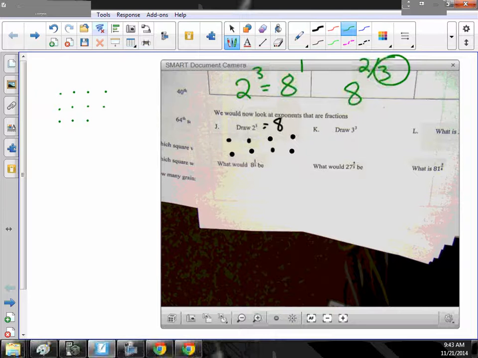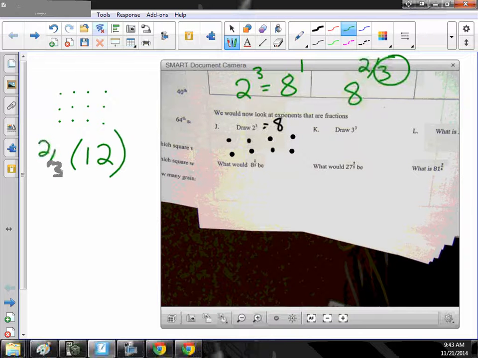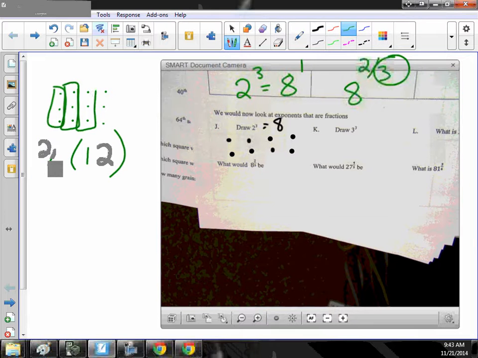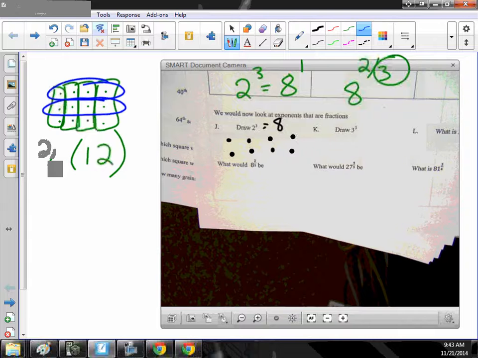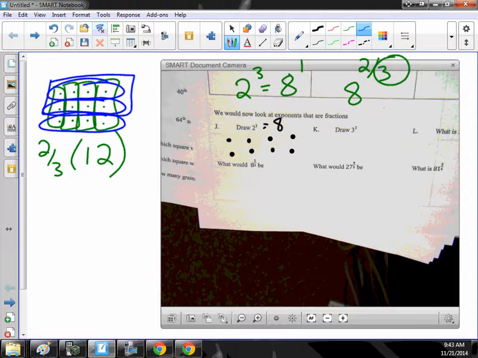when I had this, and I wanted 2/3 of 12, remember that I built this by adding columns. 1 column, 2 column, 3 column, 4 columns, which also had 3 rows, and 2 of the 3 rows ended up being 2/3 of 12, which was 8.